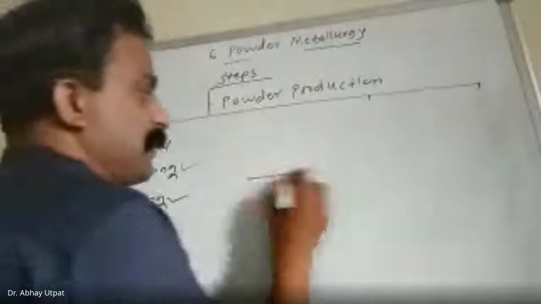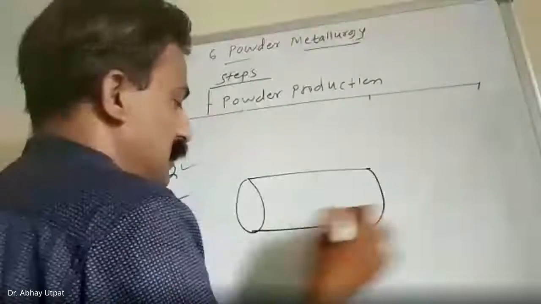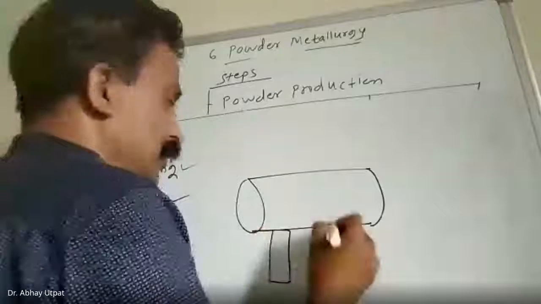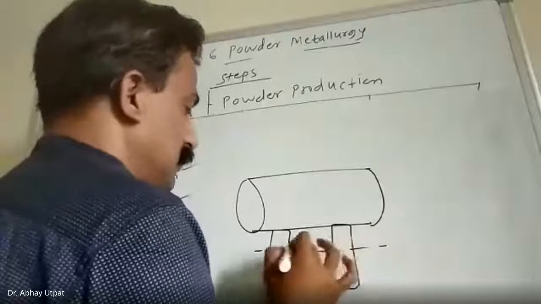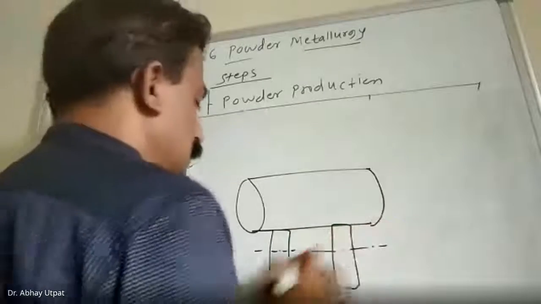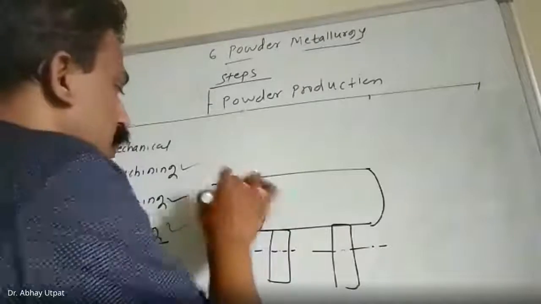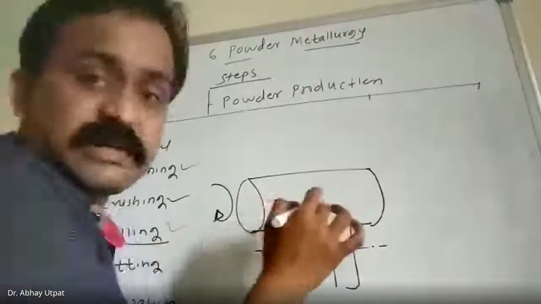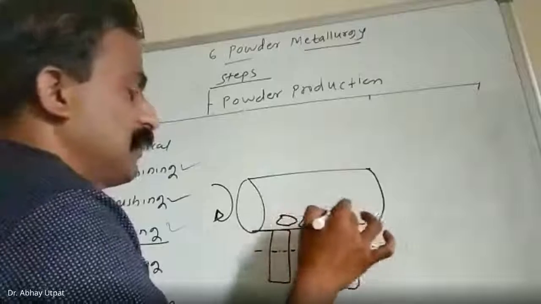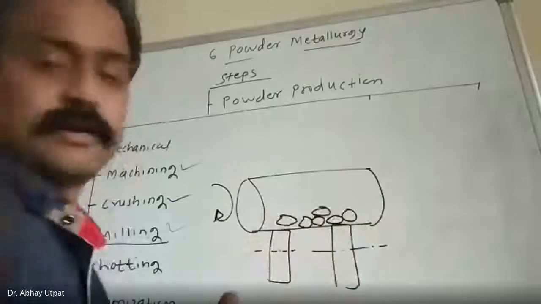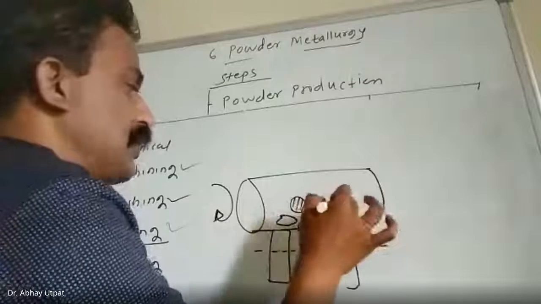This drum may be like this, and then it is kept on rollers and made to rotate. This drum is kept with pieces of metal or alloy along with hard balls. I will hatch these balls.